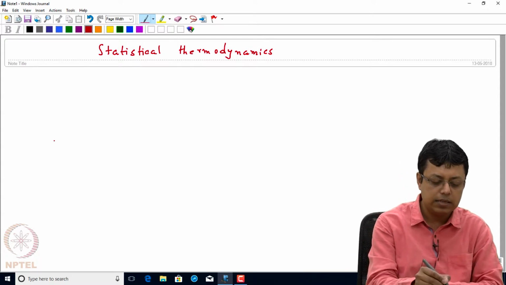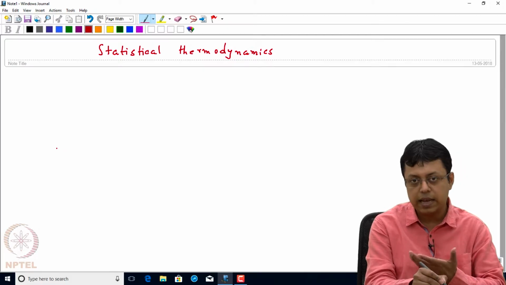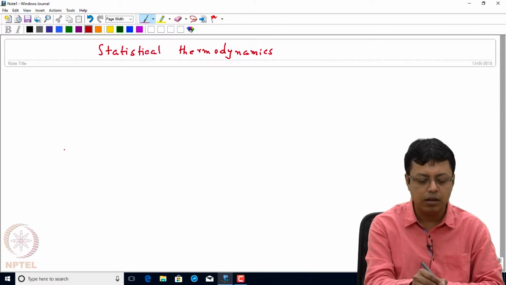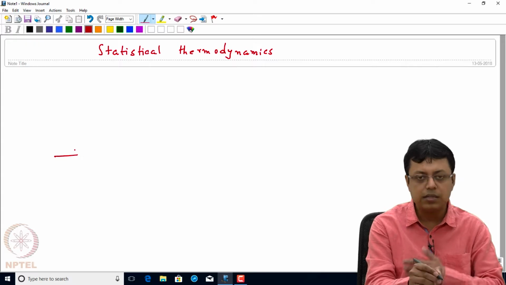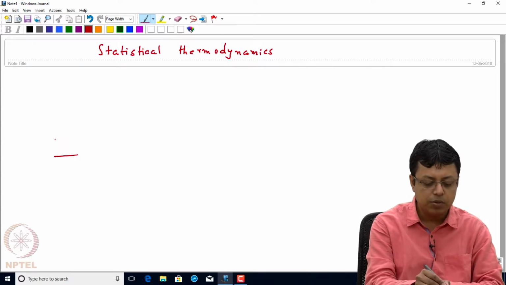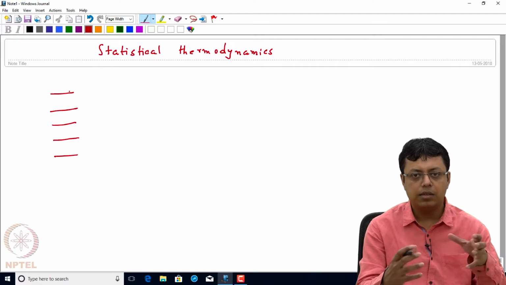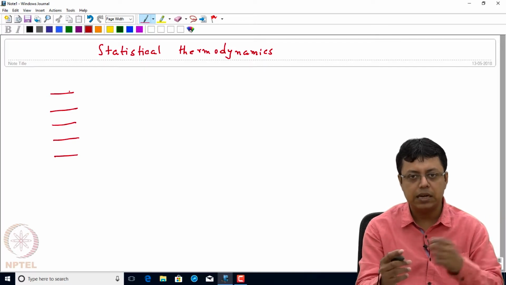Now, the way we think about it is not the original way that the Boltzmann distribution came, but it is the way we think about the Boltzmann distribution today. Suppose we have some energy levels in the molecule. Take a very simple system. Let's say some molecules, some particles, are inside a box.